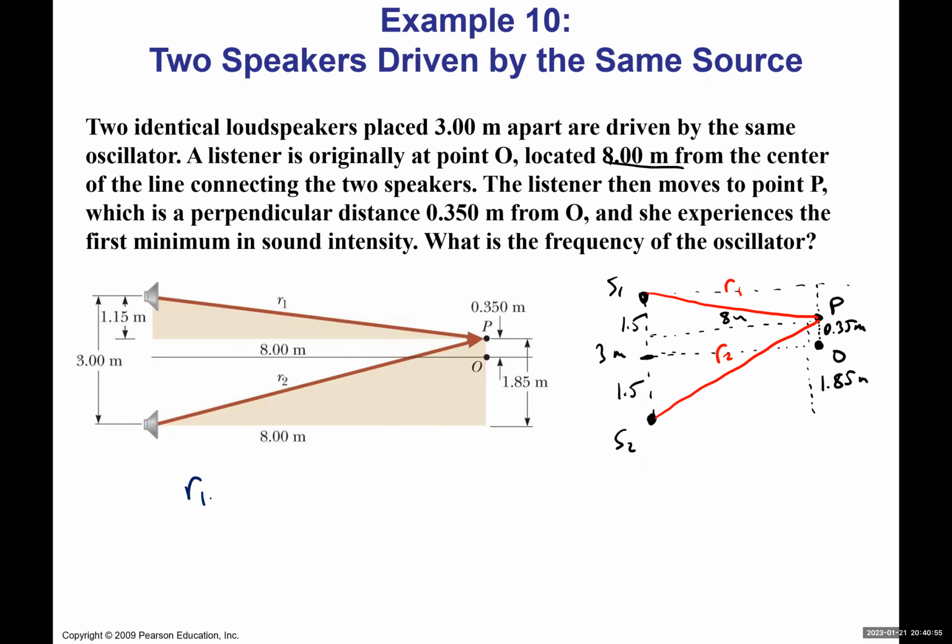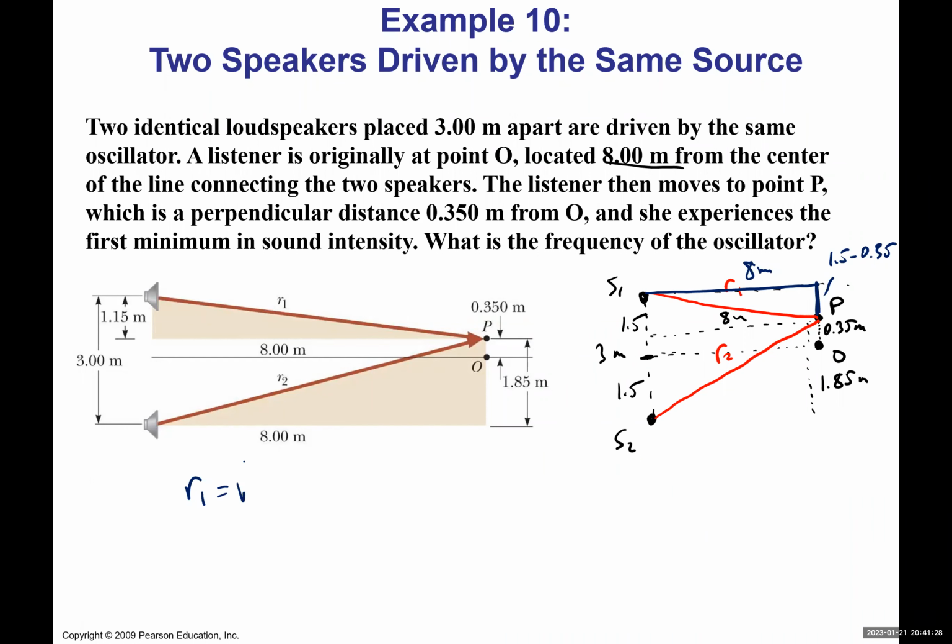And you can see this is not one-dimensional, it's two-dimensional. So I want to calculate R1, where this distance, for example, is 8 meters, and this distance is 1.5 minus 0.35, which gives me 1.15. For R1, I'm given the adjacent side and the opposite side, and I'm calculating the hypotenuse.